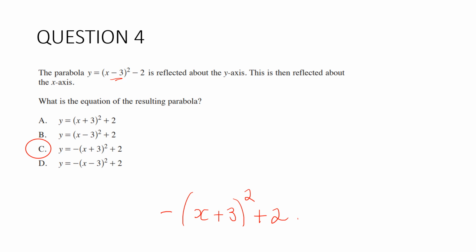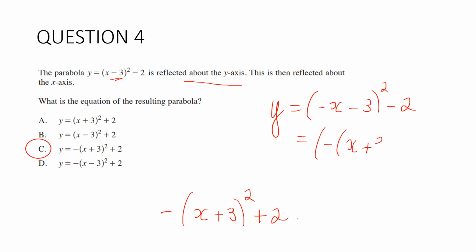If we are reflecting about the y-axis, then instead of x, we're going to put negative x. I can actually factorise that negative out, and when I square a negative 1, I get positive 1.